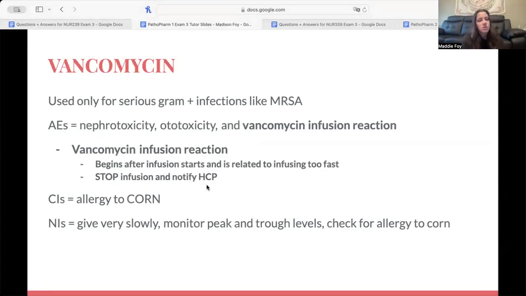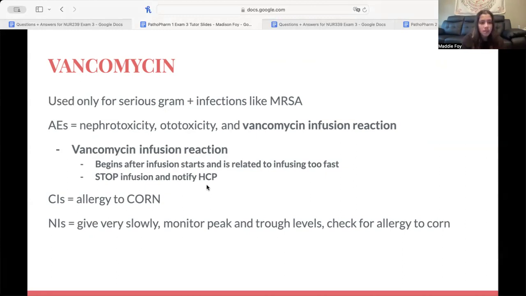This is primarily used for serious gram-positive infections like MRSA, because that's methicillin resistant. So then you move to vancomycin. The adverse effects are kidney toxicity, ototoxicity, and then the primary one is the vancomycin infusion reaction. This used to be called Red Man syndrome, and it was changed due to cultural sensitivity reasons only relatively recently.